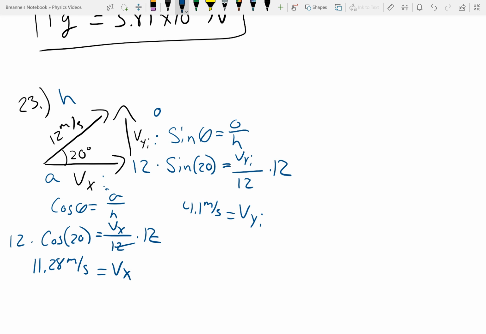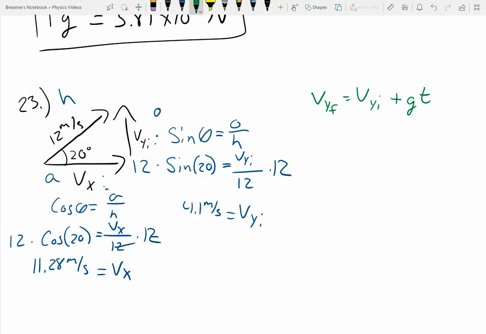There's actually a couple of ways you can solve for time. The first way is using this equation, vy final equals vy initial plus gt.